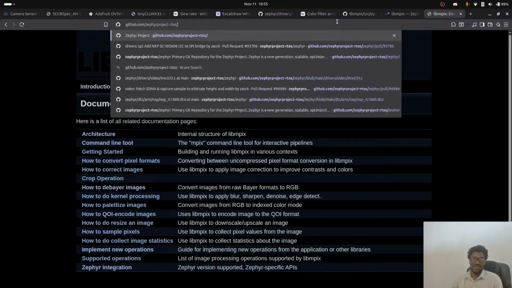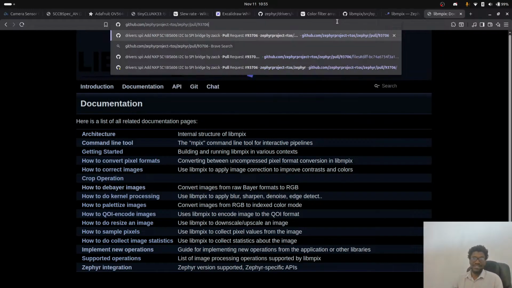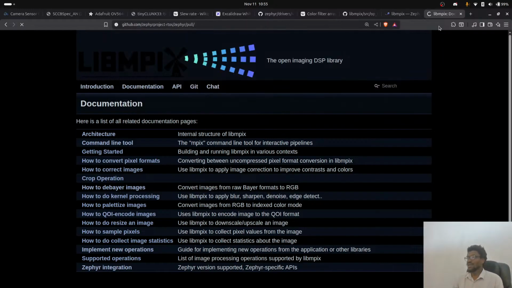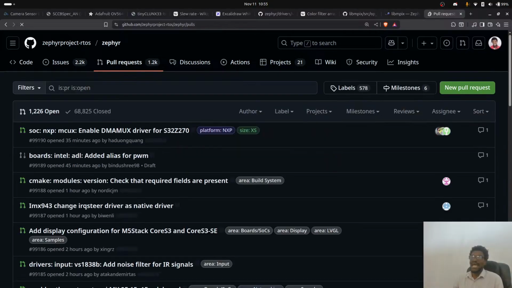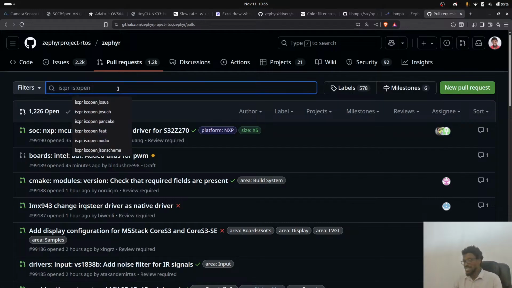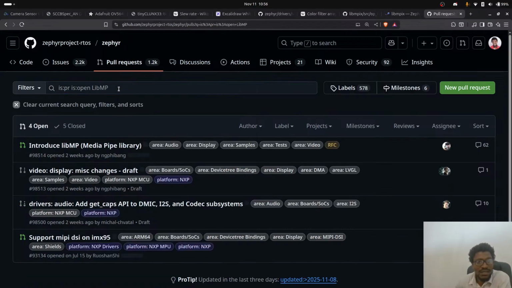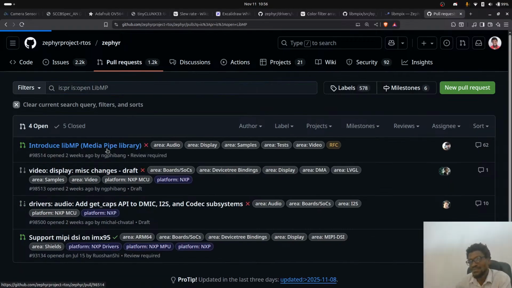This is good. This is a break from me just talking. Bartholomew is talking about libmp, and libmp is not libmpix. One of them is a media pipe, and another one is an image signal processing one. So libmp. Yeah.